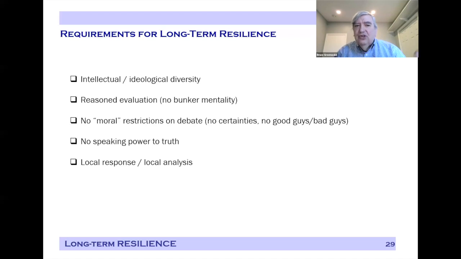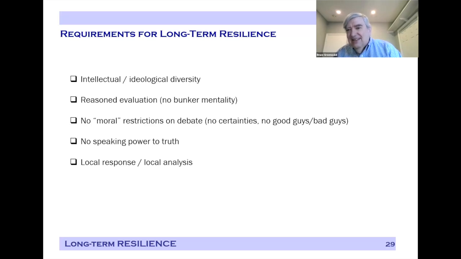I think because you need flexibility and ideological diversity, you can't have moral restrictions on debates. You get into these are good guy positions and those are bad guy positions, which I think you had in the formerly socialist economies, you're going to be in real trouble. And you can't have certainties.